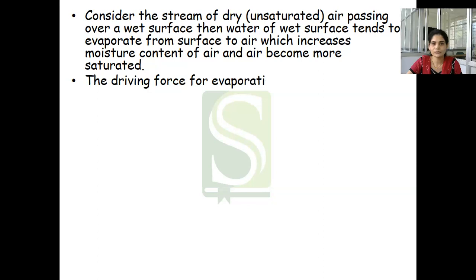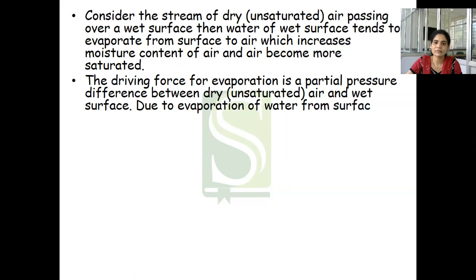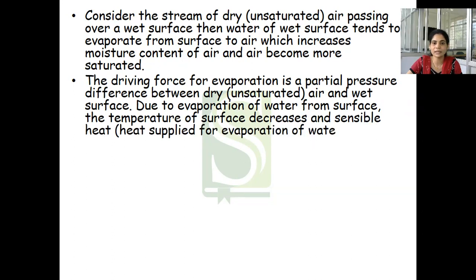The driving force for evaporation here is the partial pressure difference between the dry, that is unsaturated, air and the wet surface. Due to evaporation of water from the surface, the temperature of the surface decreases, and the sensible heat, that is the heat supplied for evaporation of the water, is supplied from air to the wet surface.